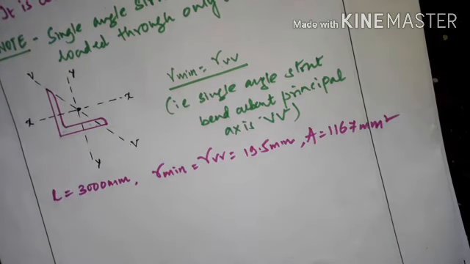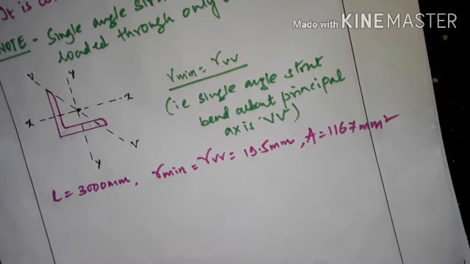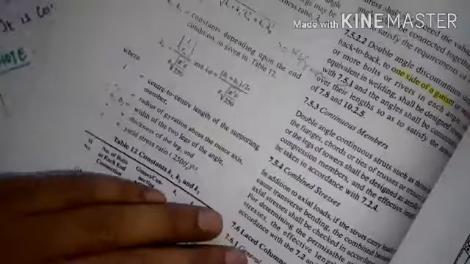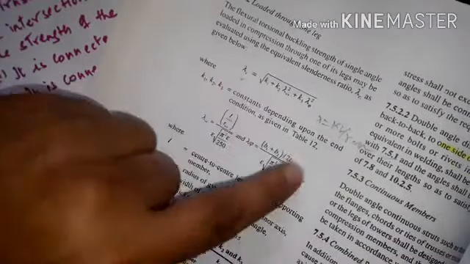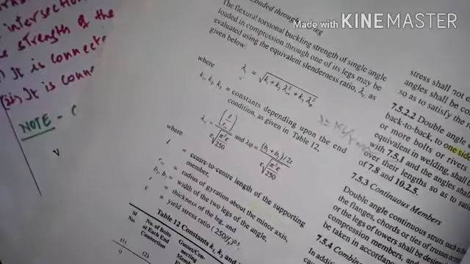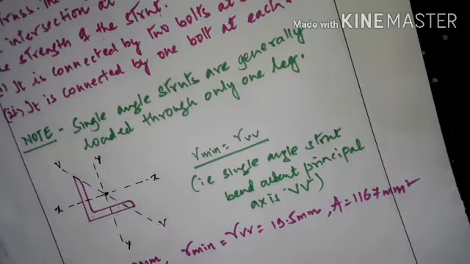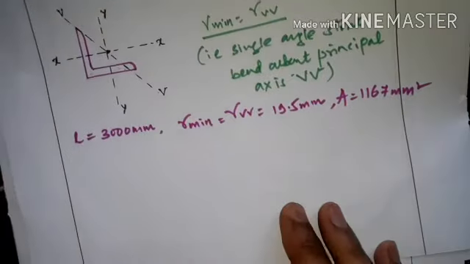First of all, I told you, if it is loaded through one leg, you have to find the equivalent slenderness ratio lambda e by using this equation. So I'll note down the equation first. You have to use this equation only for a single angle.